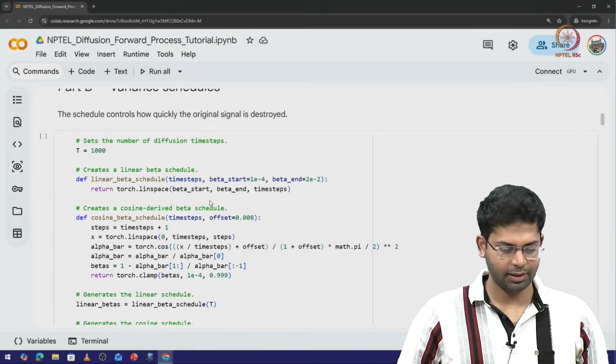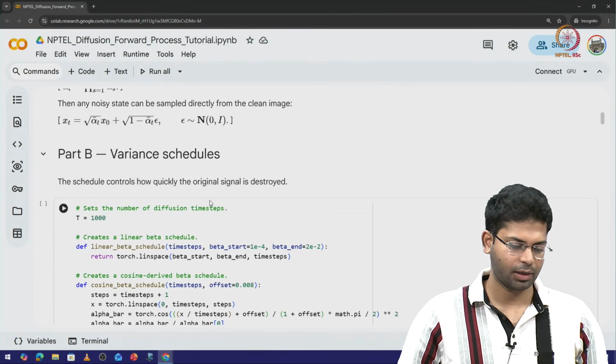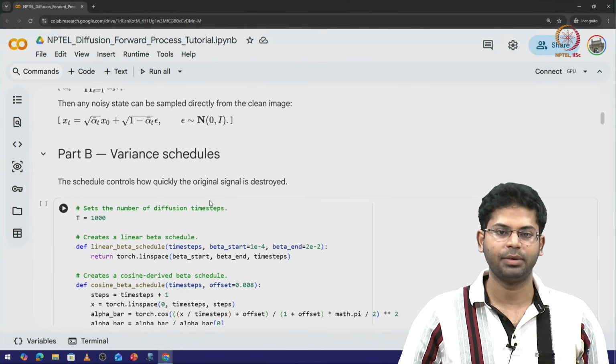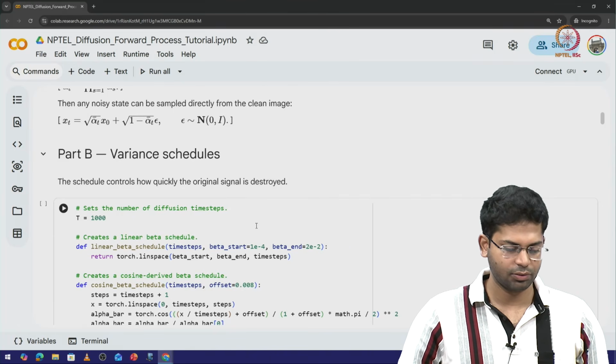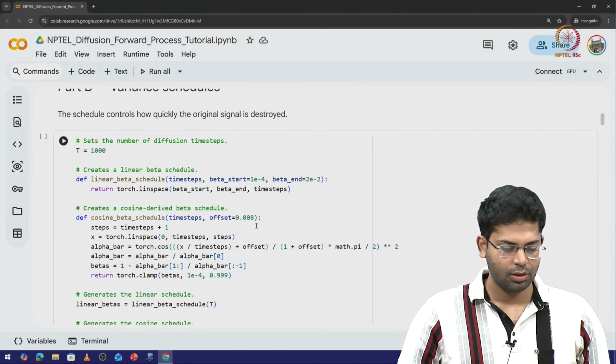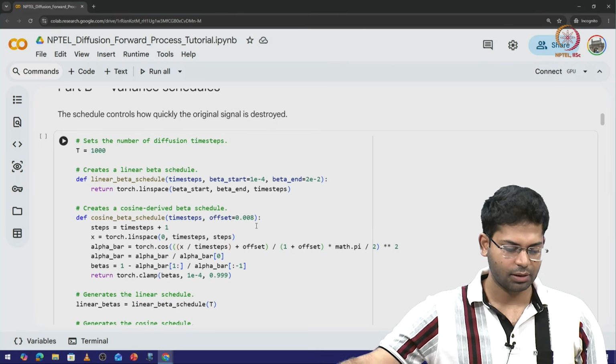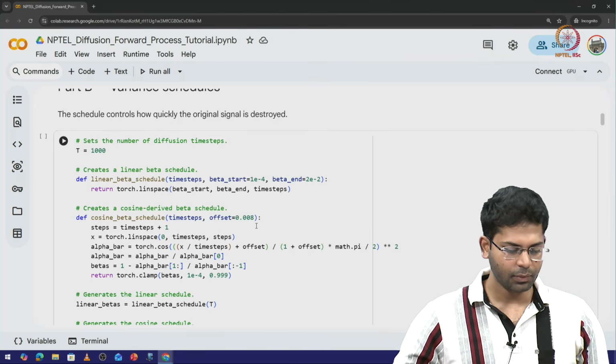Now, coming to the variance schedules, as you have noticed, we start with the original image and go to a Gaussian noise. Now, these steps can be varied in a linear or a nonlinear fashion. So, we discuss two of the most widely used variance schedules, which is linear, which is simple, versus the cosine schedule.